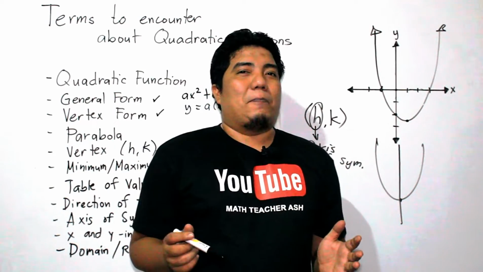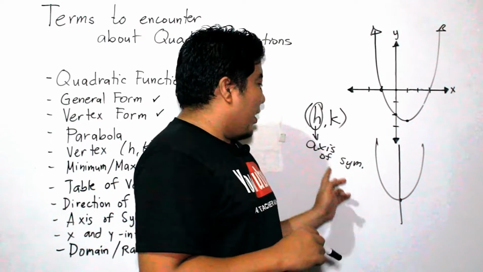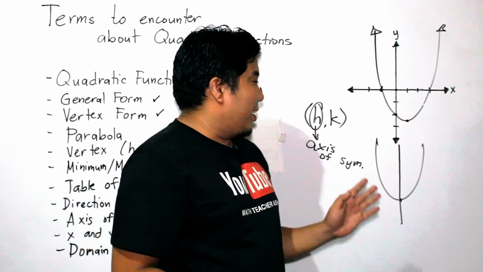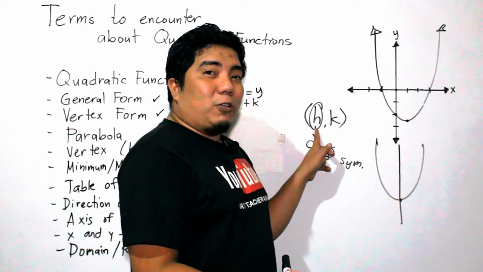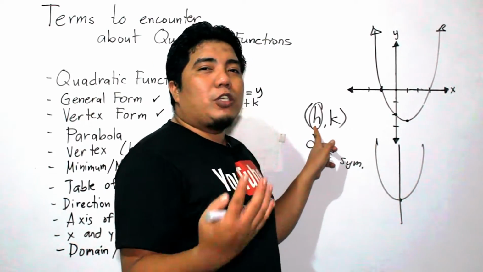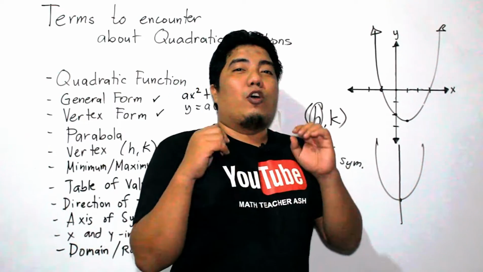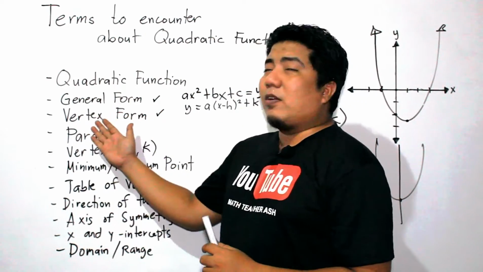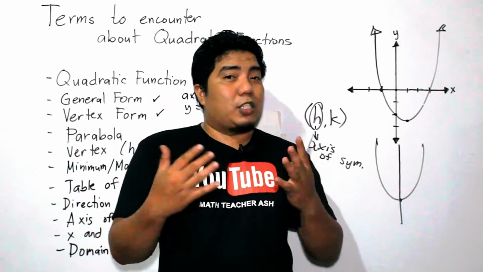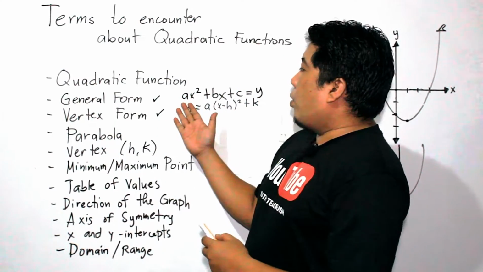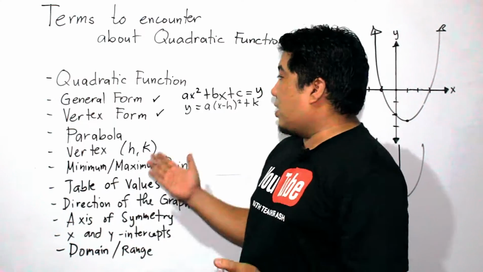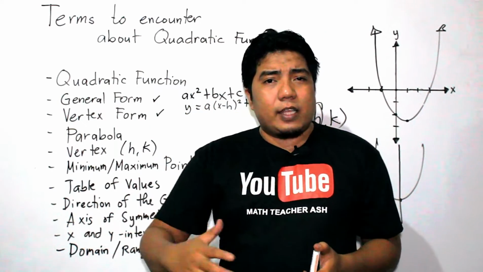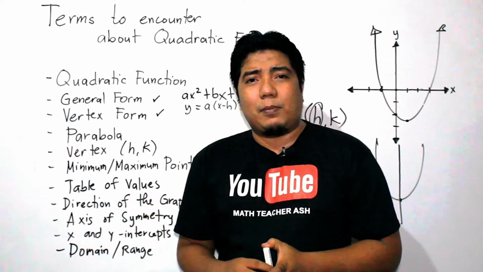Meaning, if this is your parabola, a line that cuts the parabola into two equal parts, that is your axis of symmetry. Okay? And to locate where the axis of symmetry is found, you just need to consider the value of your h. Now, for example, let's say the given is in the vertex form, so your h is your axis of symmetry. Now, what if the given is in the general form? ax squared plus bx plus c is equal to y. Is there a way for you to get the axis of symmetry?